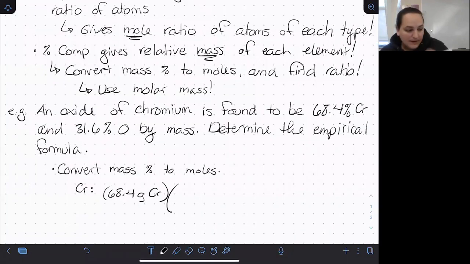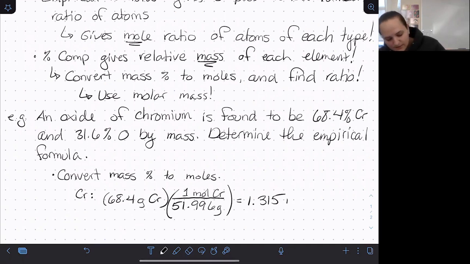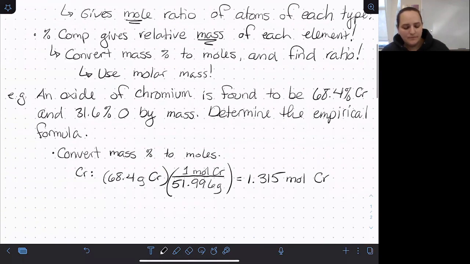We need the molar mass of chromium from the periodic table, which is 51.996 grams, is equivalent to 1 mole of chromium. So that tells us that in that hypothetical 100-gram sample, we would have 1.315 moles of chromium.